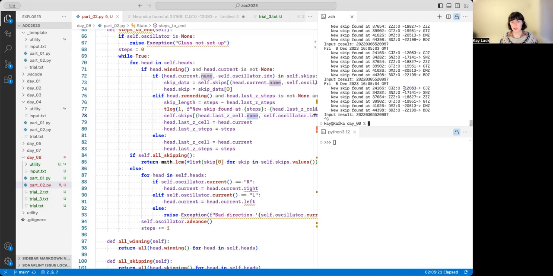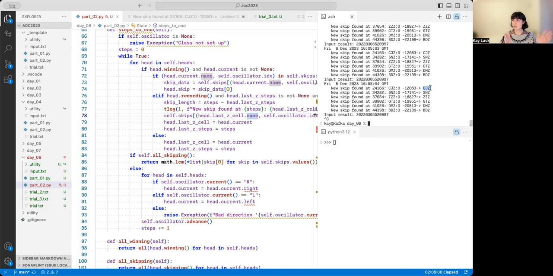And thirdly, the space between the ending cells, so if you look at what this number is, you'll notice that this is a double of this. What this means is I started at my starting cell, the A cell, and I have gone 12,083 steps, and then I've seen CJZ, and then I've gone 12,083 more, and I've seen CJZ again.